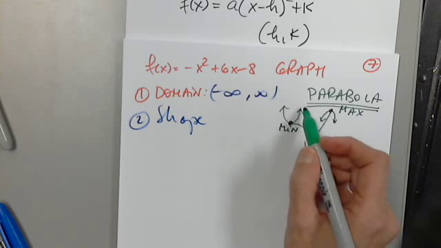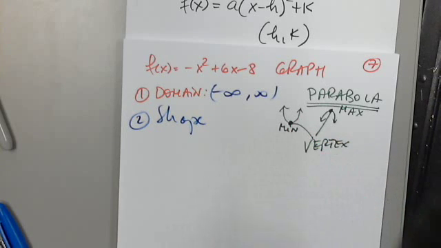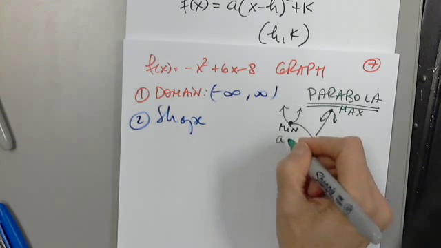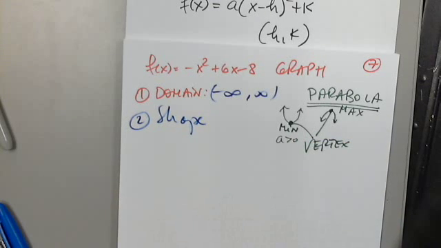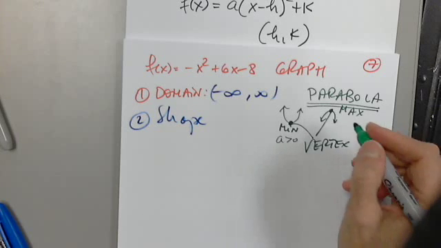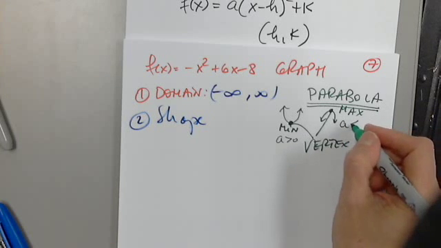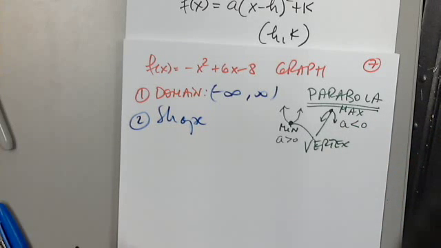If you remember x squared, what is the leading coefficient of x squared? 1. So a is a positive number when the parabola has a minimum, and a, the leading coefficient, is a negative number when the parabola has a maximum.